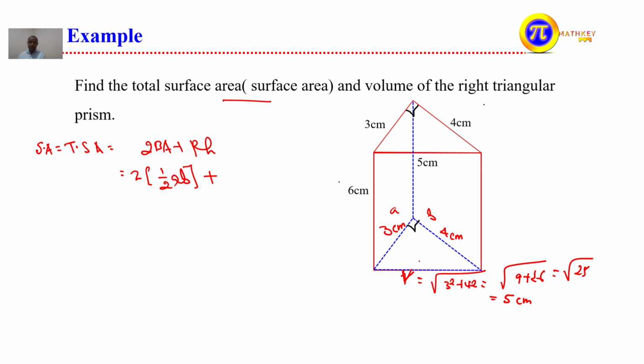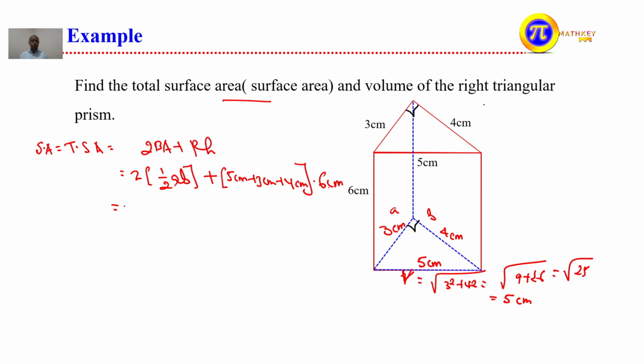So this distance is 5 centimeter. So the perimeter becomes 5 centimeter plus 3 centimeter plus 4 centimeter, times the height h, which is given as 6 centimeter.